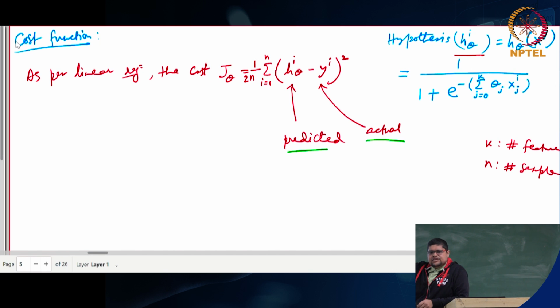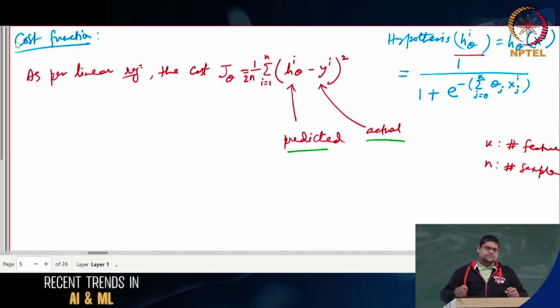Actual should be equal to the predicted one. Everyone is clear? So that means when actual is equal to predicted, the cost will be 0. So our objective is to make this cost 0, or at least the minimization.